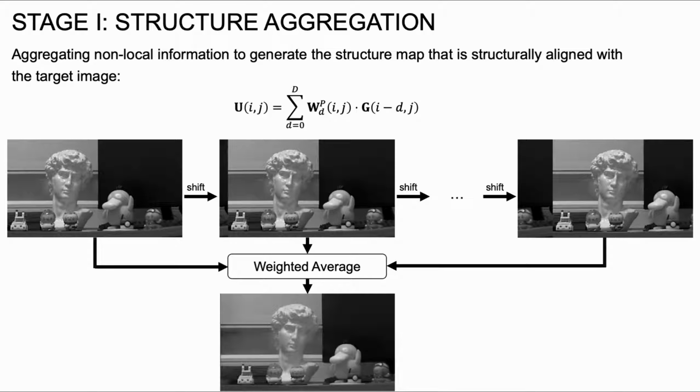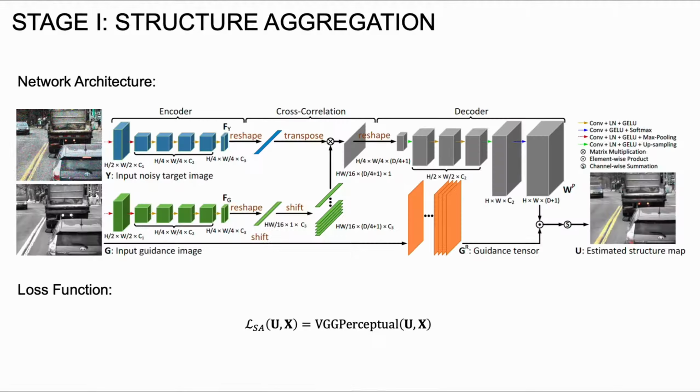In the actual implementation, we circularly translate the guidance image in the horizontal direction, and then stack the original and the translated guidance images together in the channel direction. In this manner, the aggregation process can be achieved by weighted averaging these translated guidance images. Here is the network architecture of our structure aggregation module.